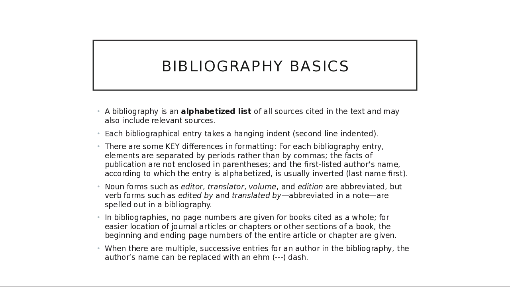This is an alphabetized list, alphabetized by author's last name, so you always have the author's last name, comma, first name. If you have multiple authors, either follow the order of the authors on the book itself, or best bet, go with alphabetical. The elements of the entry are separated by periods rather than commas, and the facts of publication are not enclosed in parentheses.